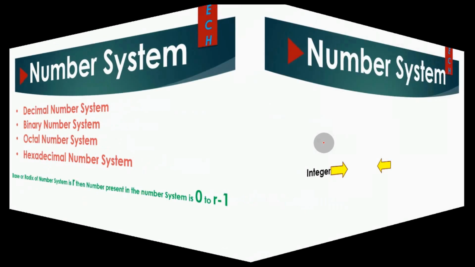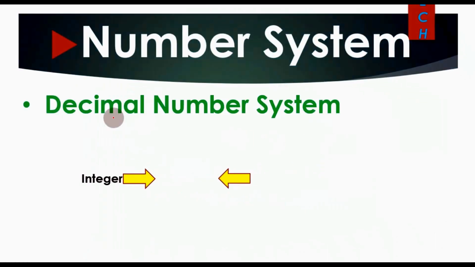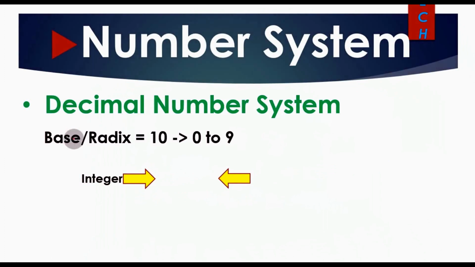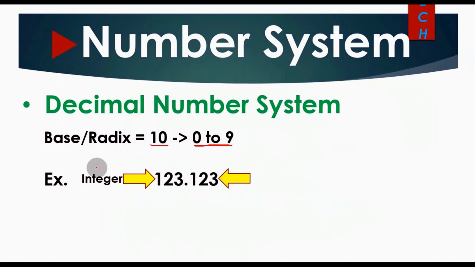Okay, so now let us understand the decimal number system. The base or radix of the decimal number system is 10, so it can be represented from 0 to 9. Let us take an example here.